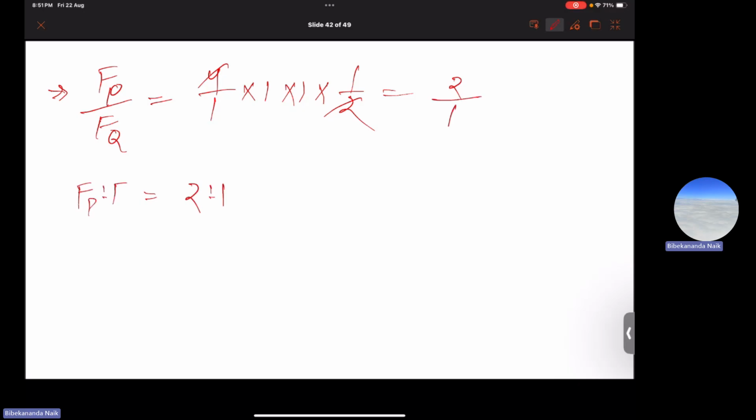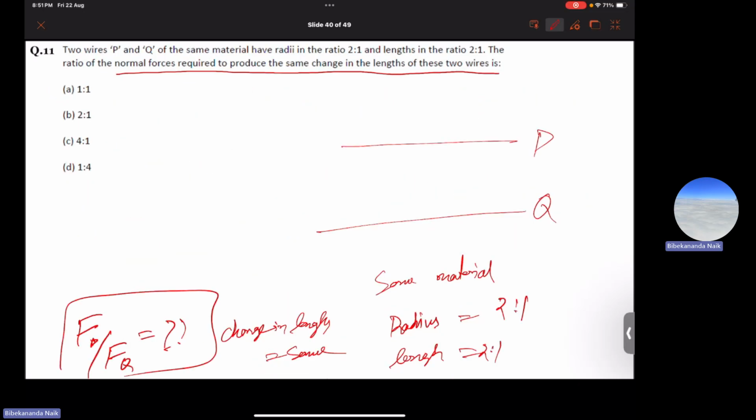So in order to produce the same elongation in wires P and Q, the force that should be applied should be in the ratio of 2 is to 1. So this is the correct answer, option B.